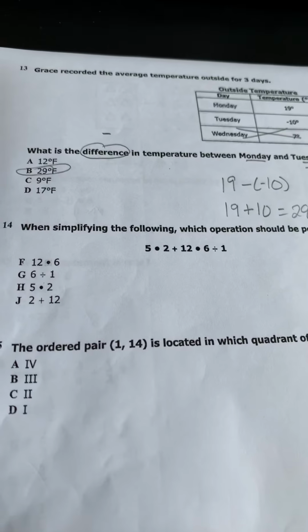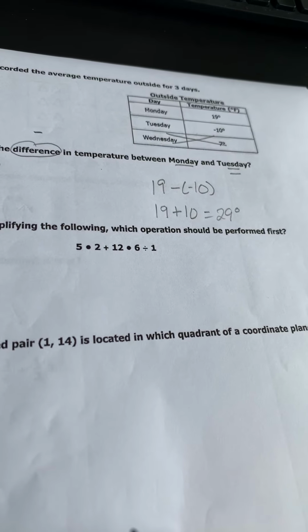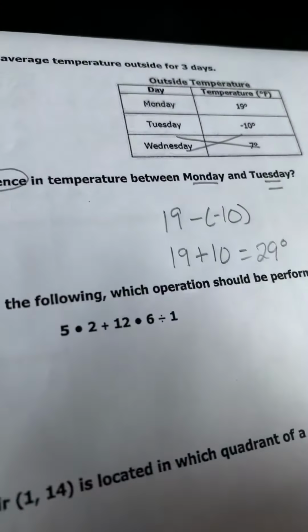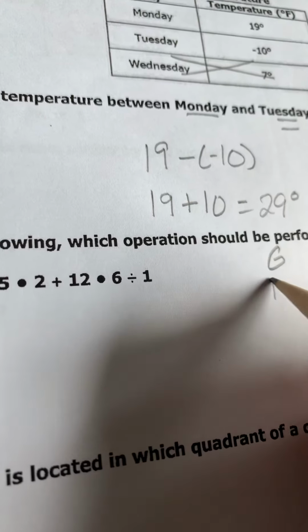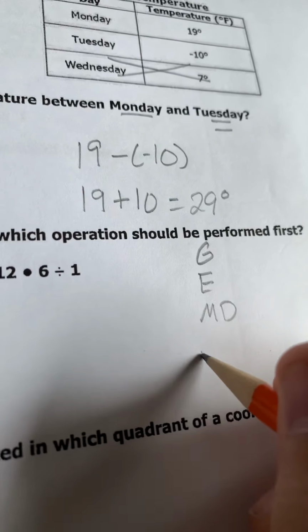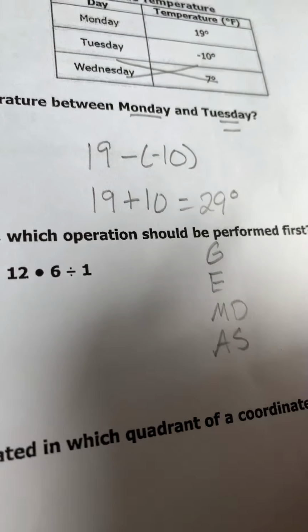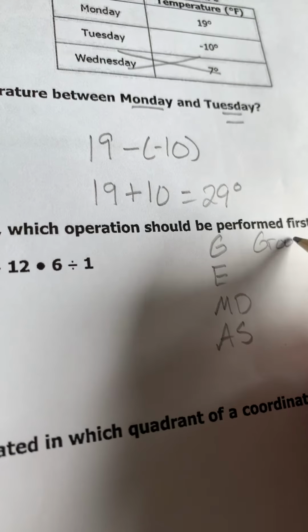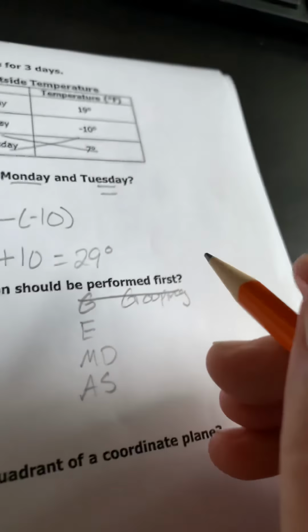All right, 14. When simplifying the following, which operation should be performed first? Okay, so order of operations. So G, E, M, D, A, S. G is for grouping, which we don't have any, so we don't have to worry about that.